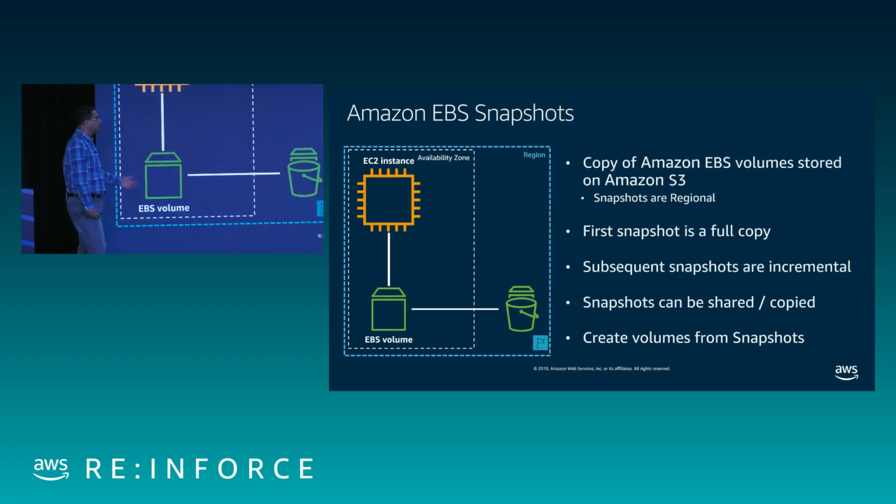And then snapshots. Really the way to think about snapshots is a copy of Amazon EBS volumes stored on S3. In that sense, snapshots are different than EBS, and we'll touch on this a little later in the presentation as well. Snapshots are regional, right? While volumes and instances and instance storage are zonal, snapshots are regional. The first snapshot is a full copy of the volume.